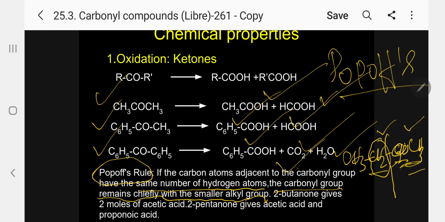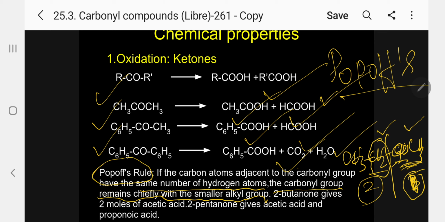Smaller alkyl group means the lower, smaller number. Here on one side of the carbonyl group it is 2, and on the other side it is 1. So the carbonyl group remains chiefly with the smaller alkyl group.